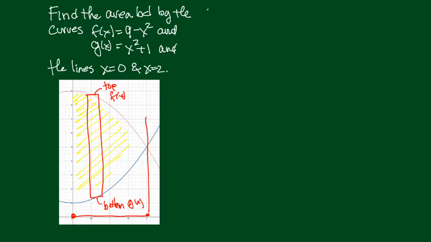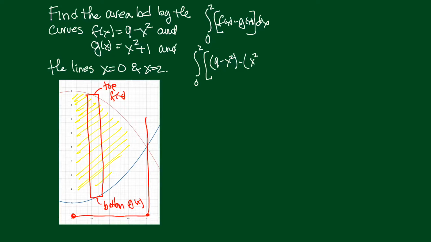So our area formula is the integral from 0 to 2 of f of x minus g of x dx. Now f of x is 9 minus x squared, minus g of x, which is x squared plus 1, all that dx.